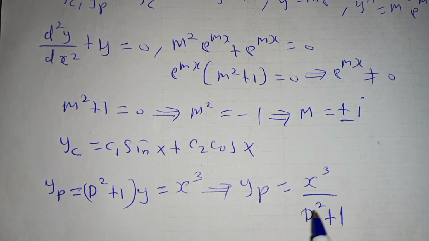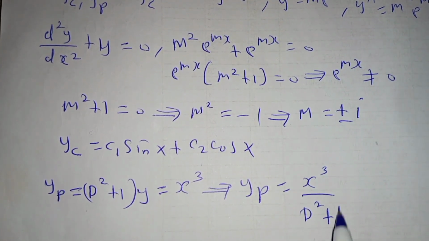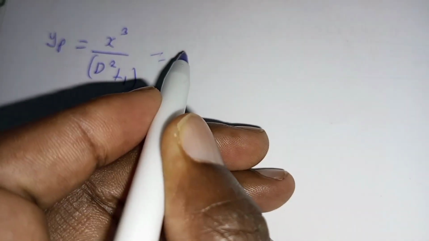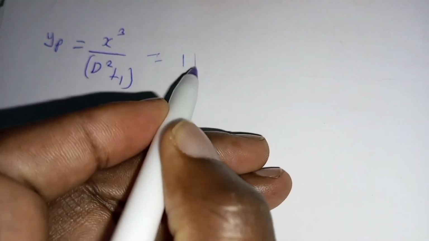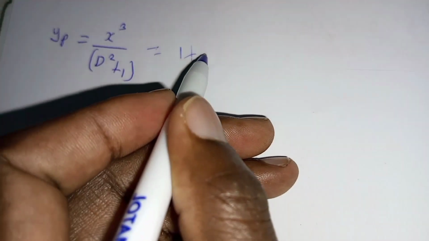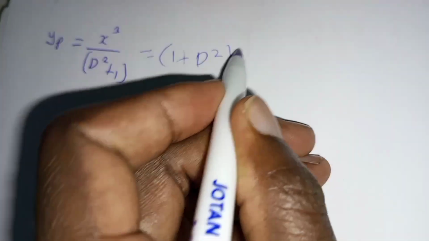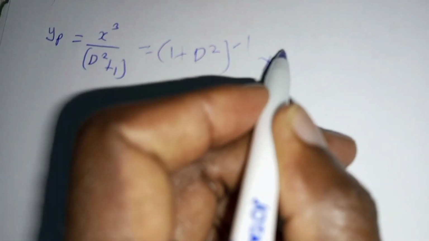Then this can be written as follows. So we can write this as (1 plus D squared) to the power of -1 times x cubed.